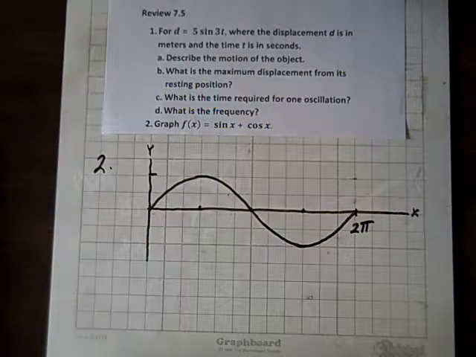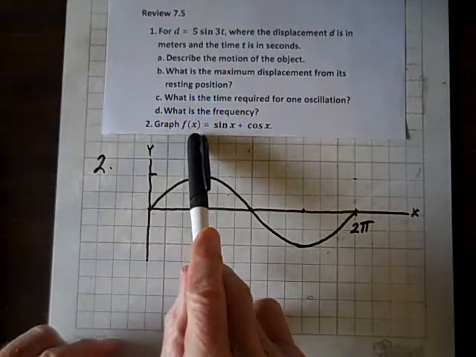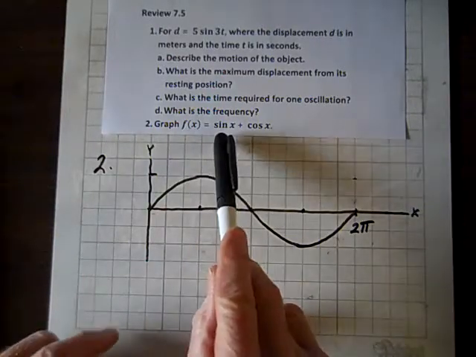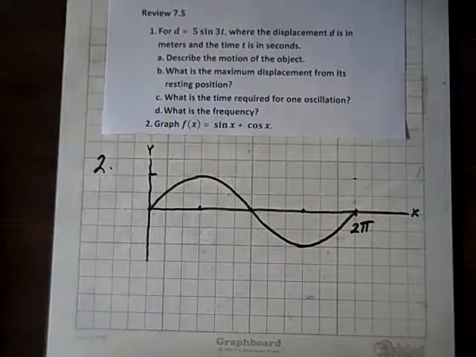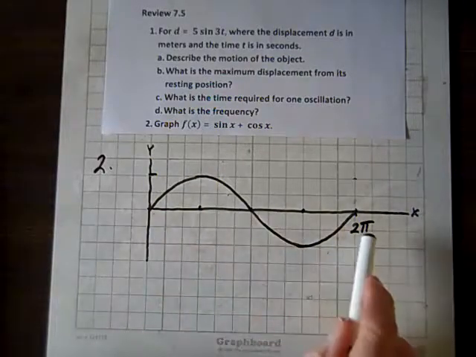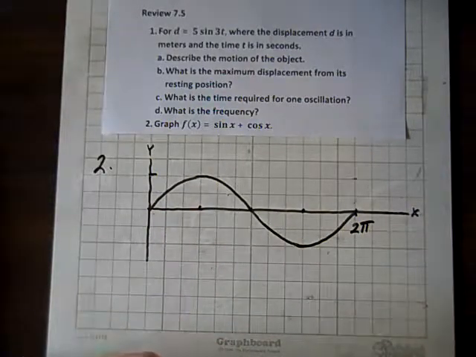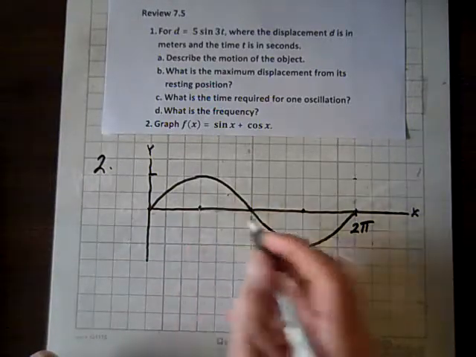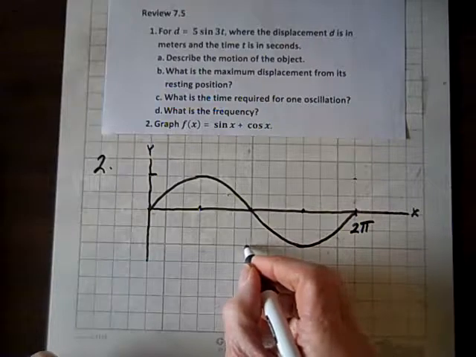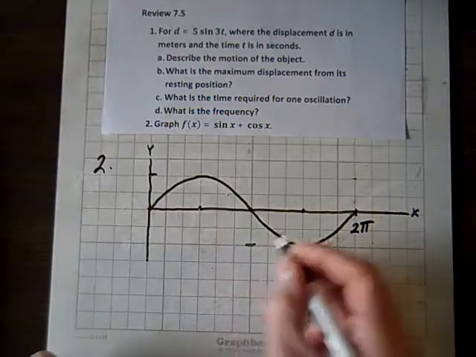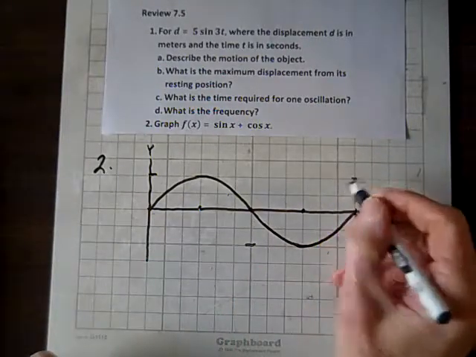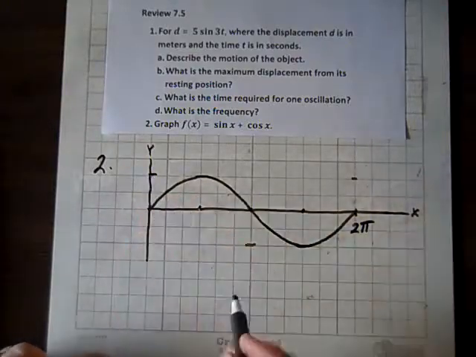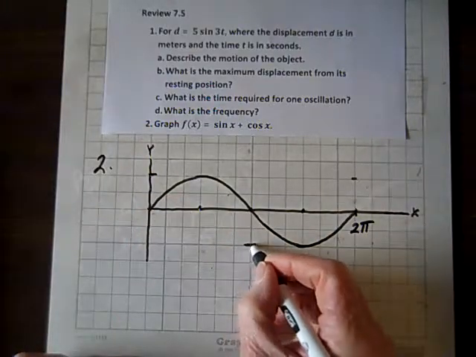Okay, now we're doing question 2. And so it says graph f of x equals sine of x plus cosine of x. So I've graphed the sine curve on the interval 0 to 2 pi. Now we'll graph the cosine curve on that interval.